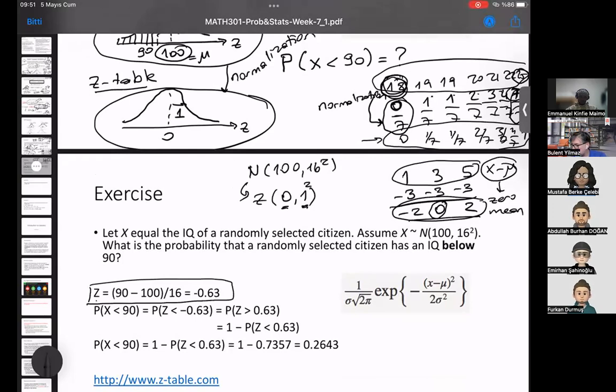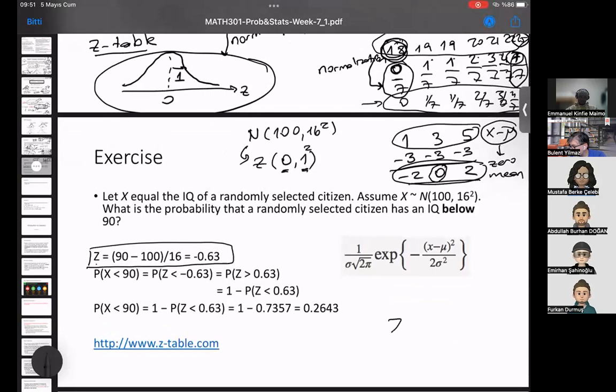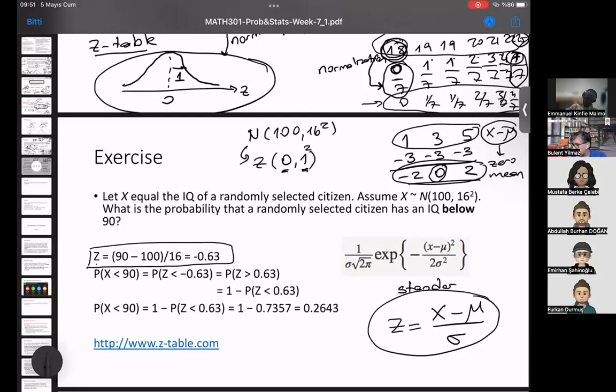Let me tell you once again. Z is going to be equal to all x values minus mu, divided by sigma. This is the standardization of a Gaussian distribution or normal distribution.